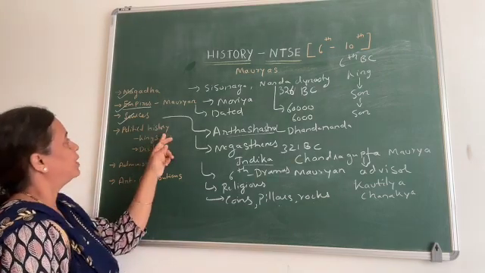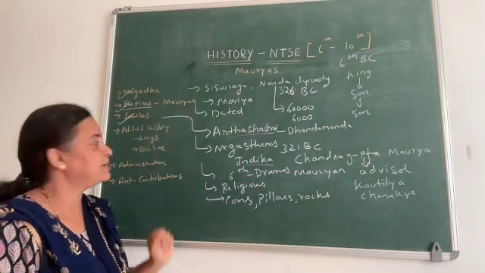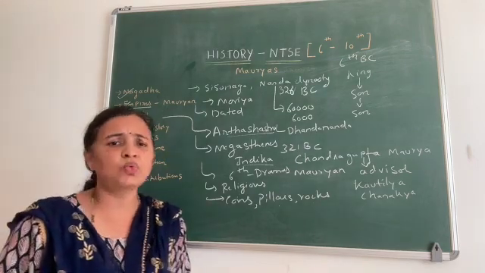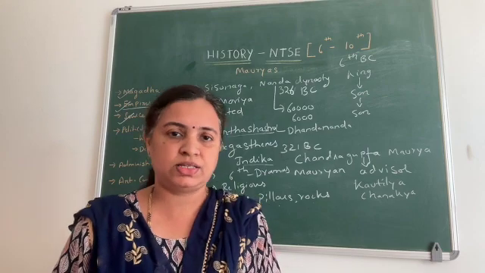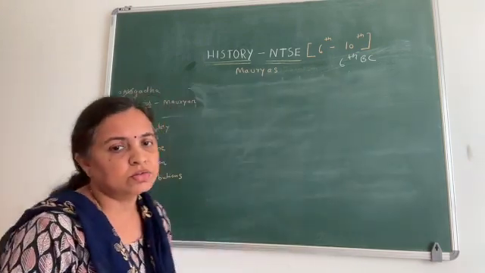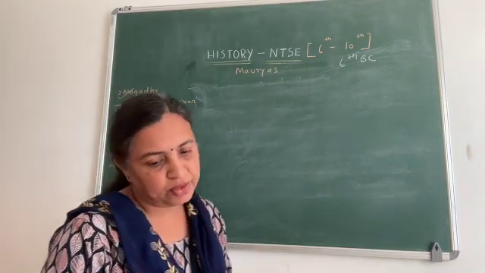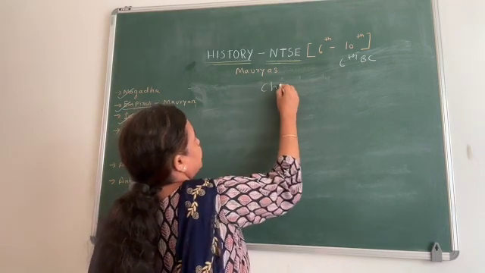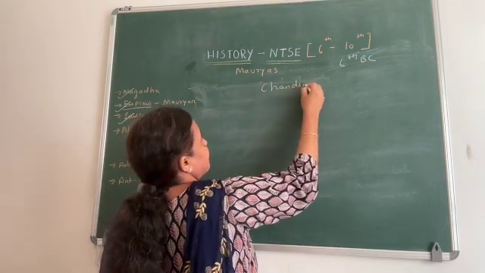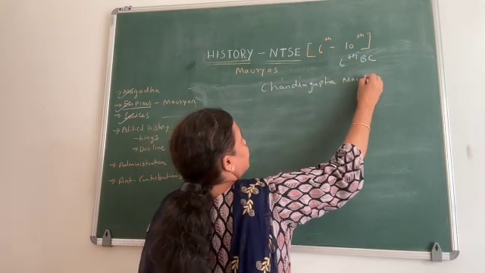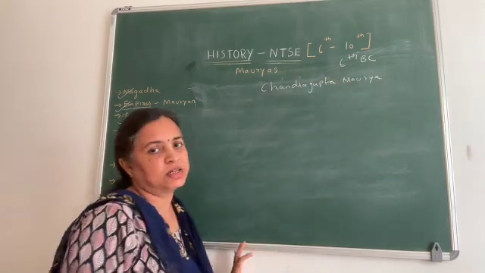Now let us take a look into the political history of the kingdom. Okay. So what is the political history? So under political history, I've already told you how Chandragupta Maurya was the first king.